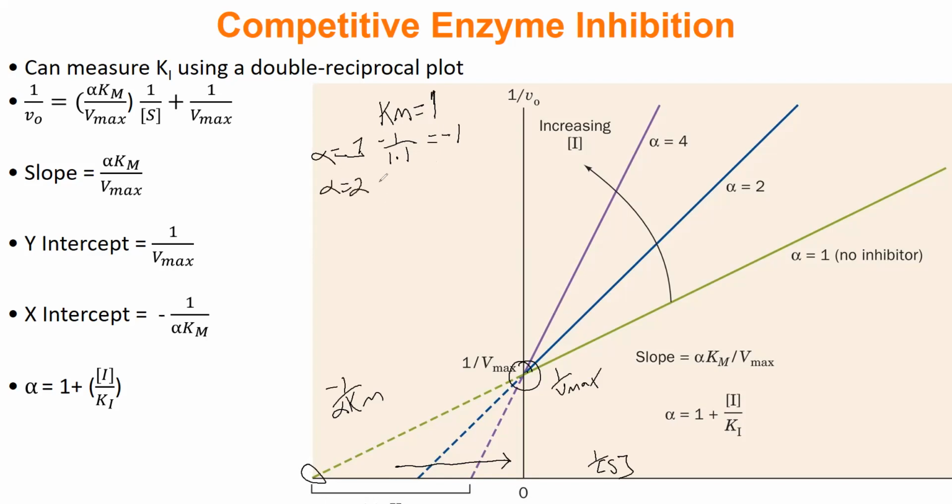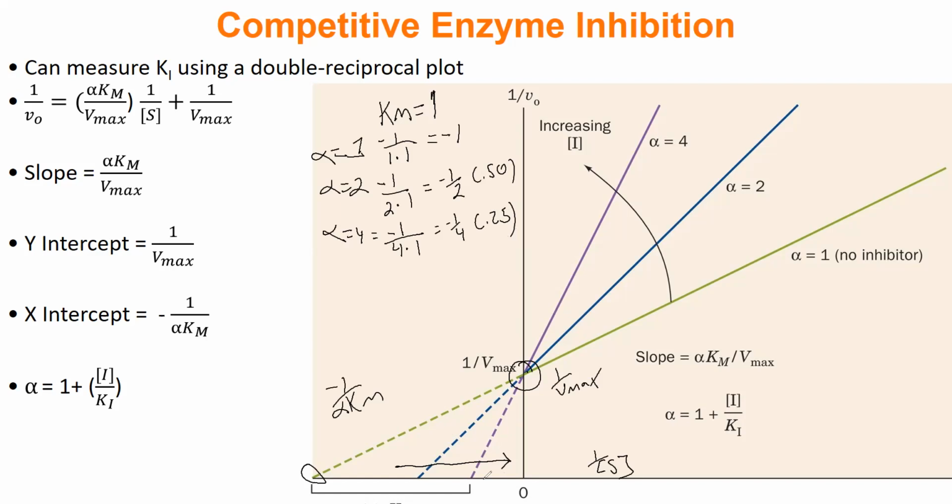If alpha is 2, it will cross at -1 divided by 2 times 1, which is -1/2. If alpha is 4, as given in that example, it will cross at -1 divided by 4 times 1, or -1/4. If it's been a while since you've done fractions, let me just write out the values for you. So the stronger your competitive inhibitor, the closer it'll get to the y-axis.